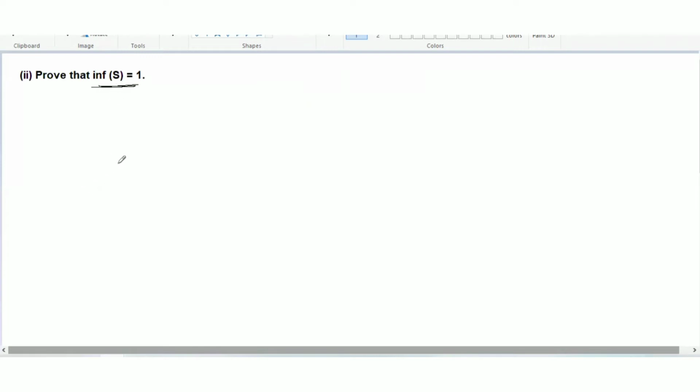So what is the infimum of S? The infimum of S is also called the GLB, which means greatest lower bound.